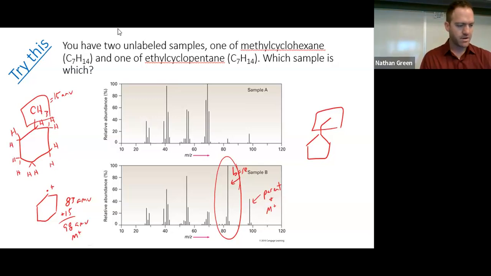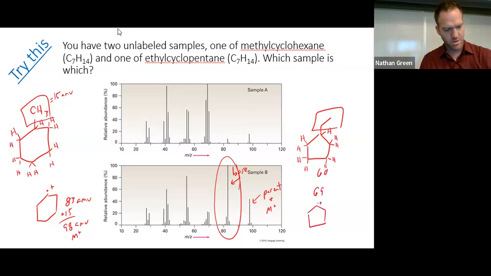My big peak is down here closer to 70. So if I lose this ethyl group, I would have 5 carbons. What's 5 times 12? Plus 1, 2, 3, 4, 5, 6, 7, 8, 9. That peak would weigh 69.